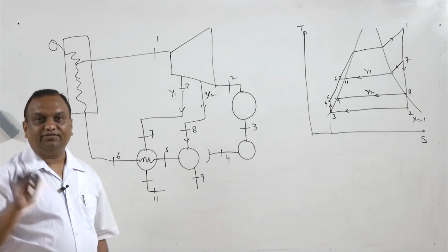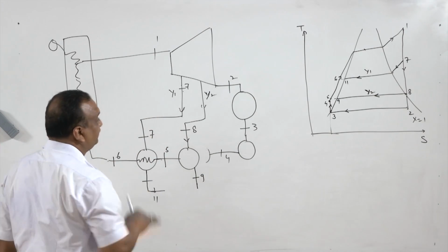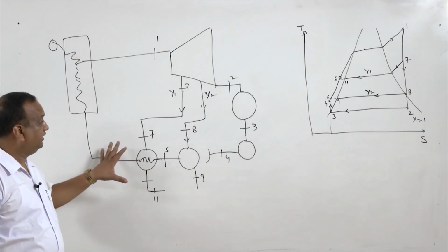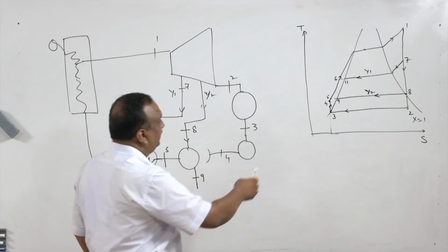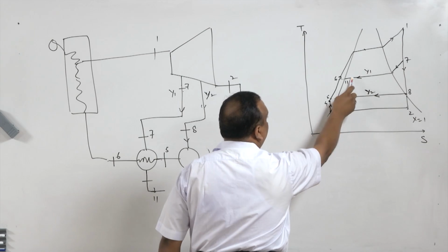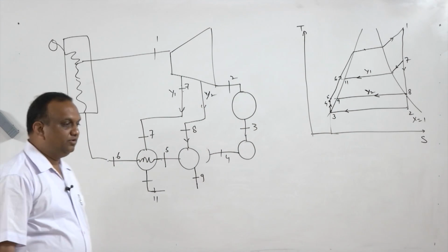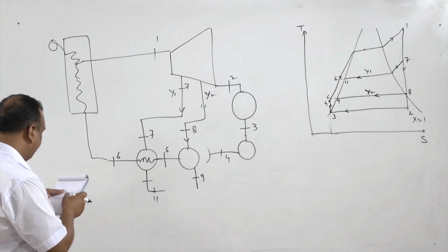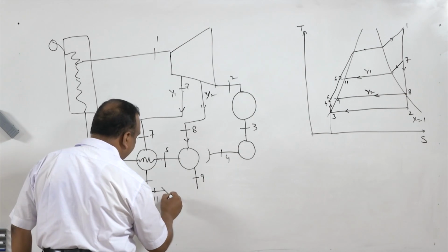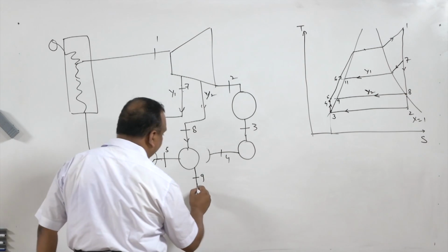But in regenerative heating, one has to understand the arrangement of the feed water heater and the energy transfer. So, here pressure is 1.1 bar, here pressure is 10 bar. So, what should we do? In this case, expansion devices are provided at both the places.